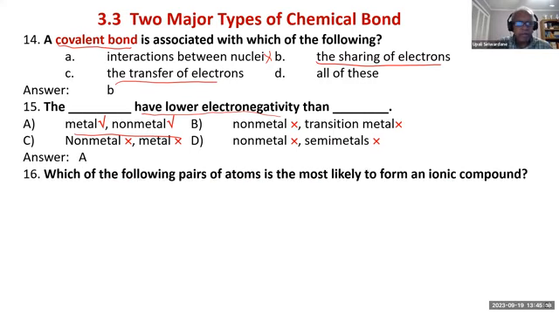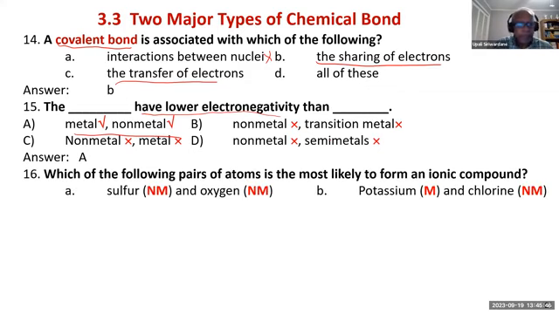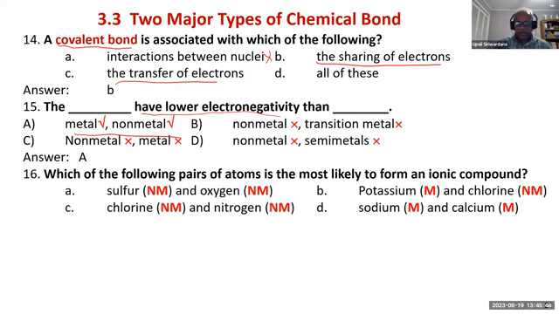A. Which of the following pairs of atoms is most likely to form an ionic compound? Like I said before, metals and non-metals. Sulfur is a non-metal. Oxygen is a non-metal. That doesn't form ionic bond.